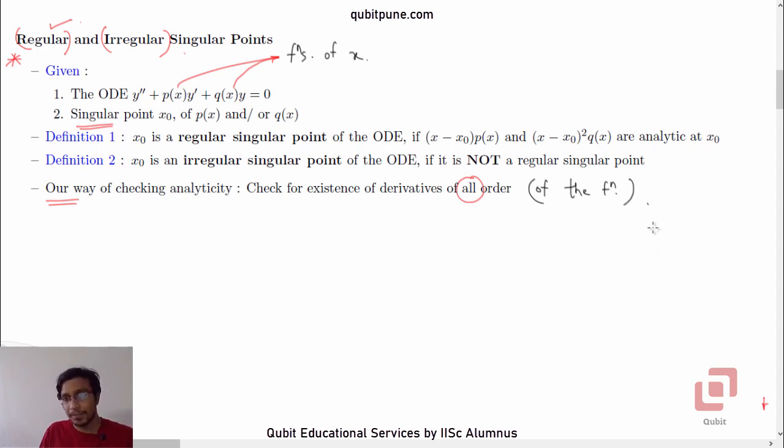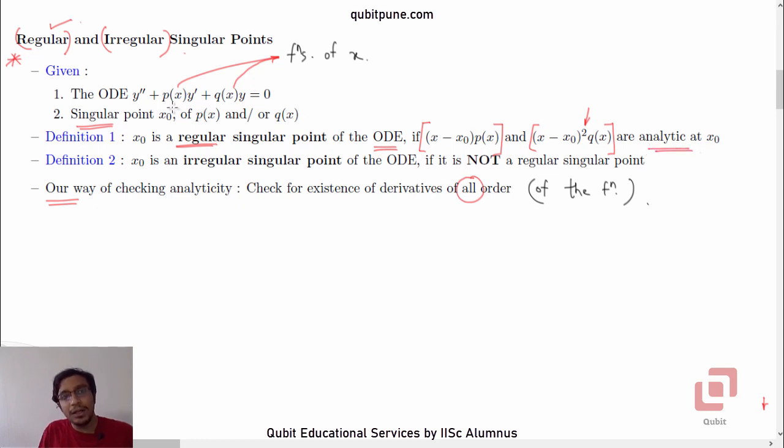Okay, fine. Definition 1, regular singular point. So when will we call the singular point x naught a regular singular point of the ODE? We will call it a regular singular point if x minus x naught into p of x, and x minus x naught squared into q of x are analytic at x naught.